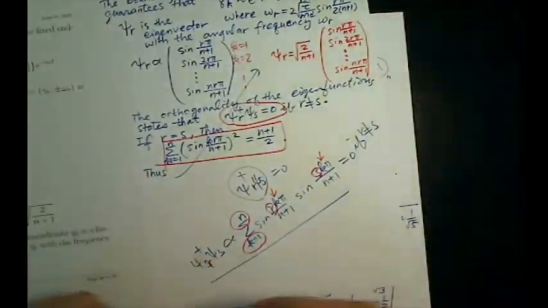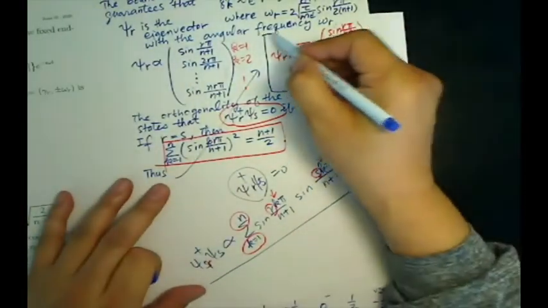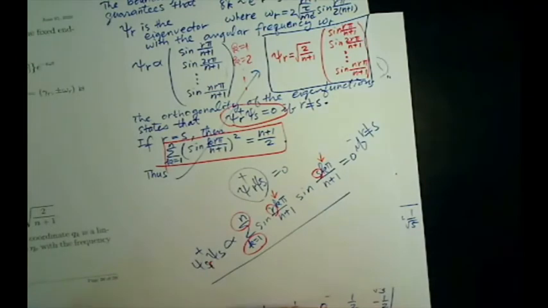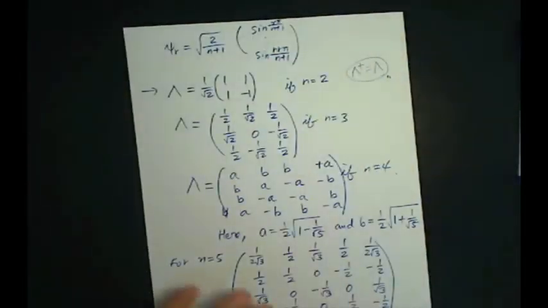Therefore, this representation for the eigenvectors is completely proved. All right.